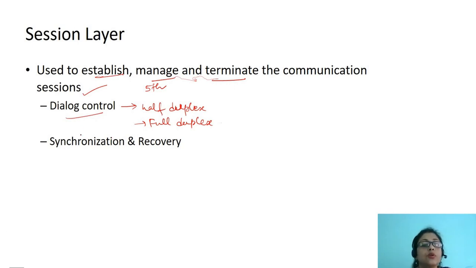Next, it can also be useful for synchronization and recovery. Synchronization means between the dialogues there should be proper timing instances. So the sender and the receiver must be aware when a particular session starts and when it ends. And in case of network failure, there may be some termination in the session for data transmission.